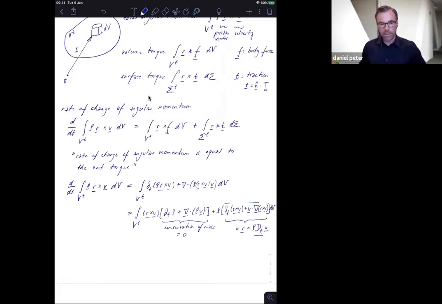Good, so you see that this expression simplifies a bit. And what we also still need to do is look at the surface torque. That's this integral over the surface. So let's convert that into a volume integral, and then we're almost set. So let's consider the surface torque.